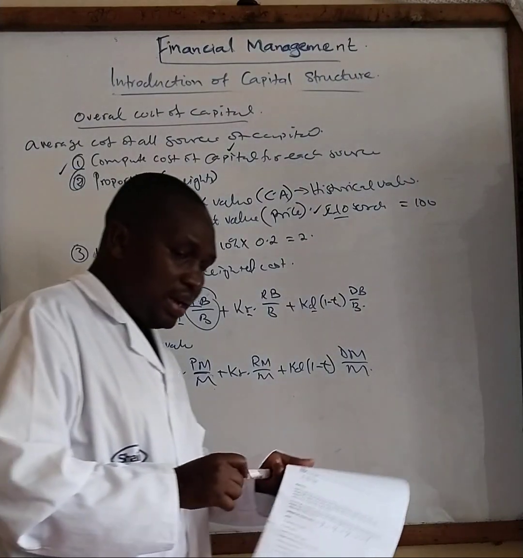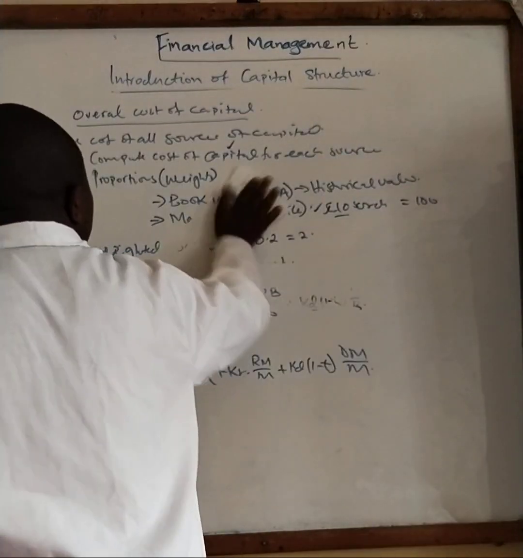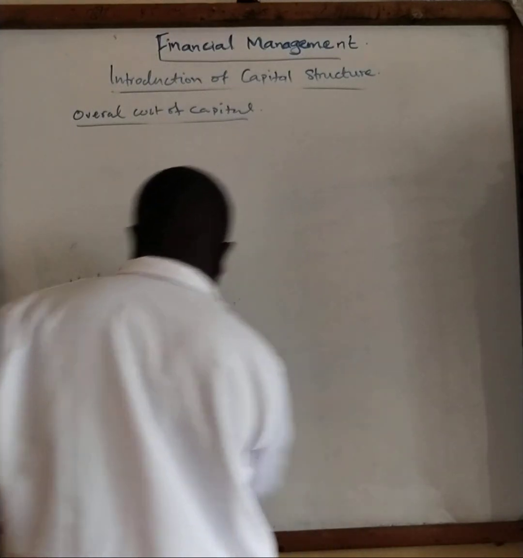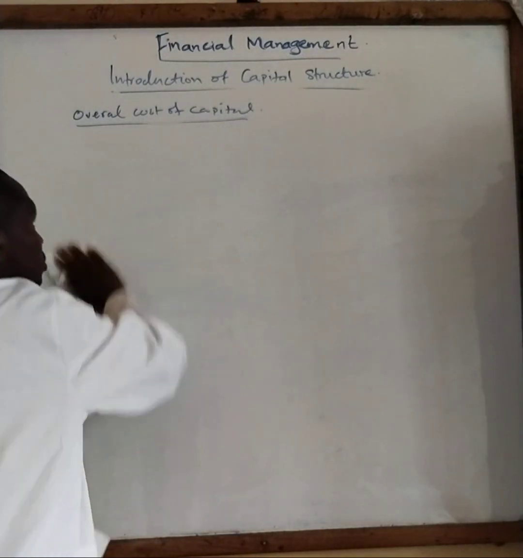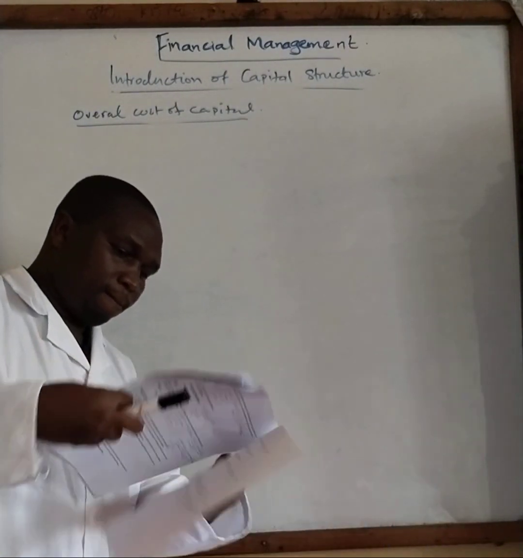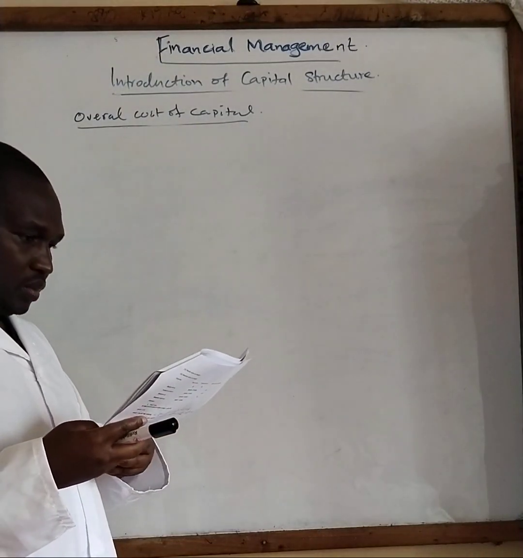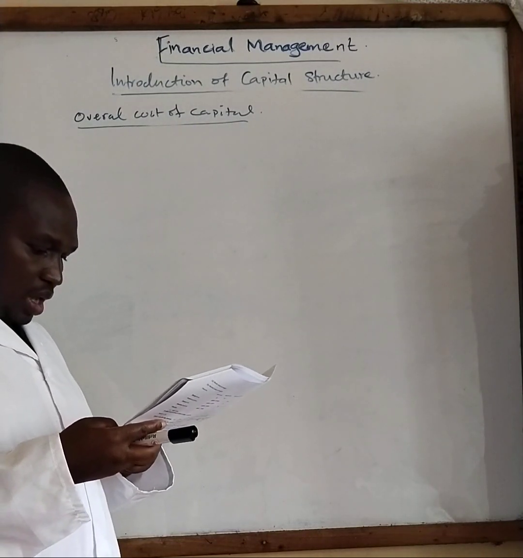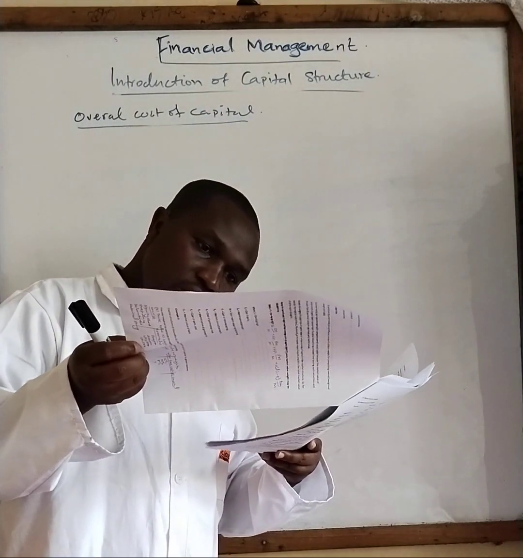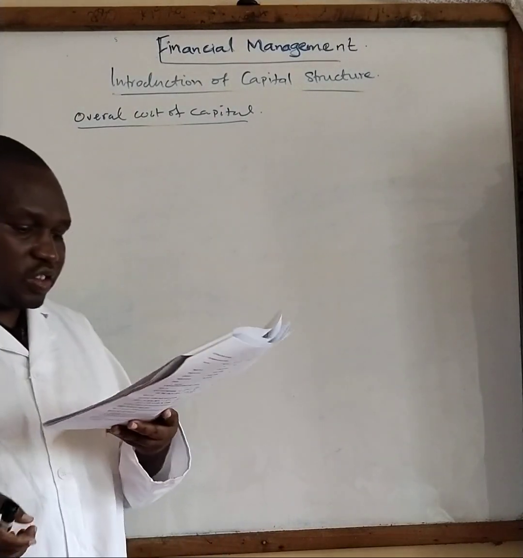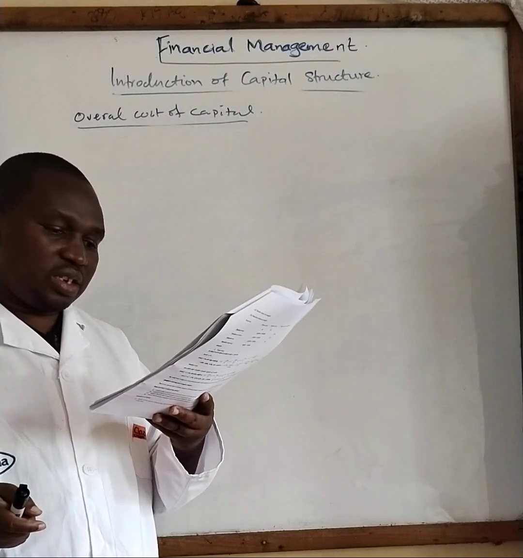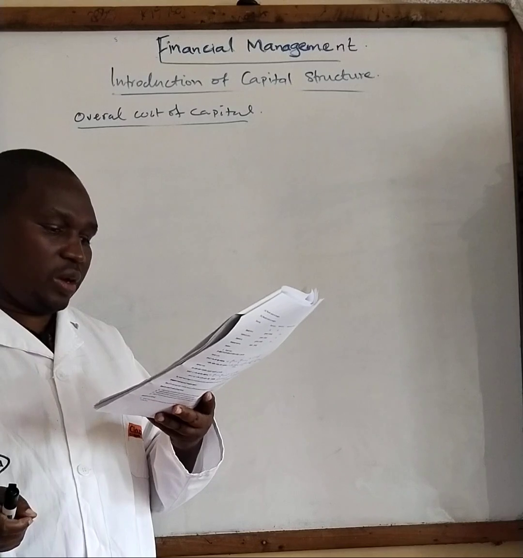Before we go to that, let's do an example. Example 5 says the capital structure of Arunada Limited along with the respective specific cost of capital is given below.